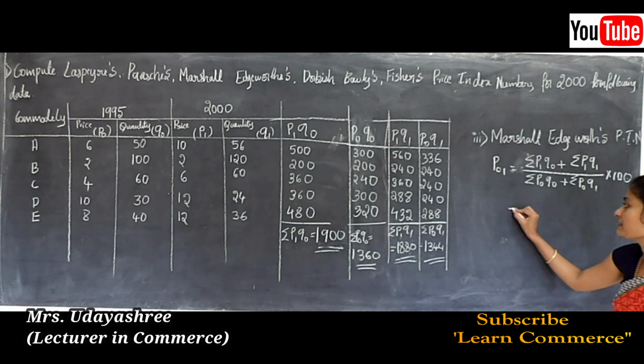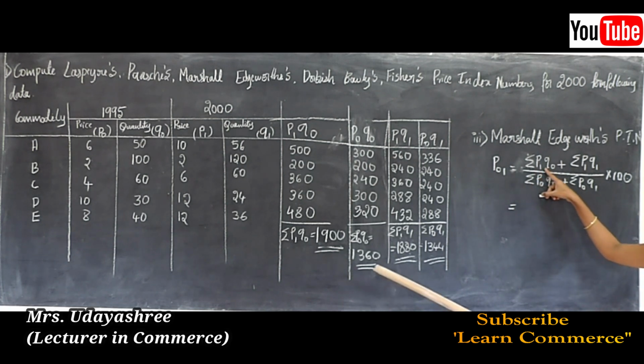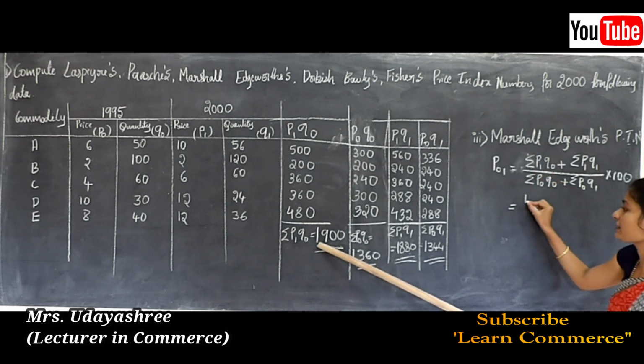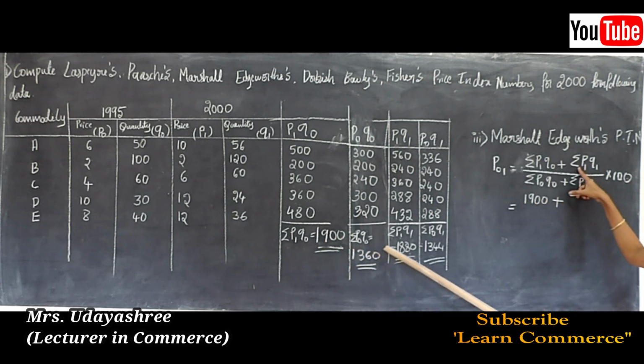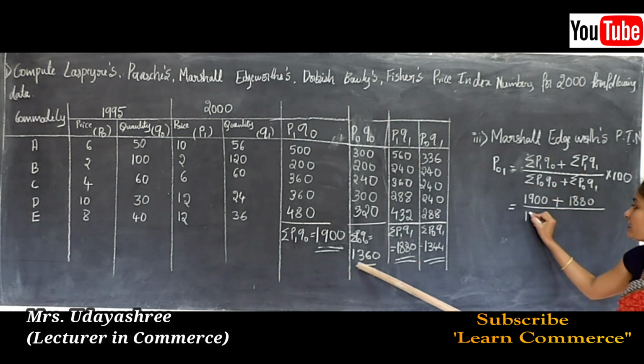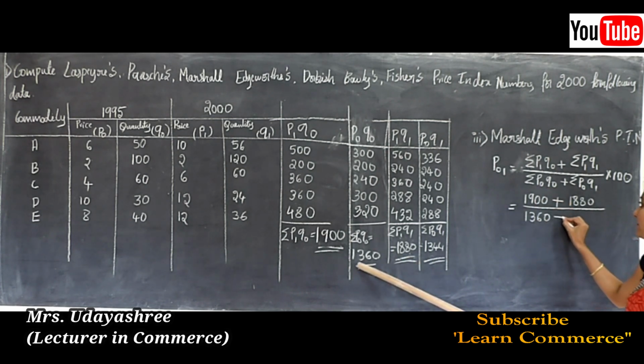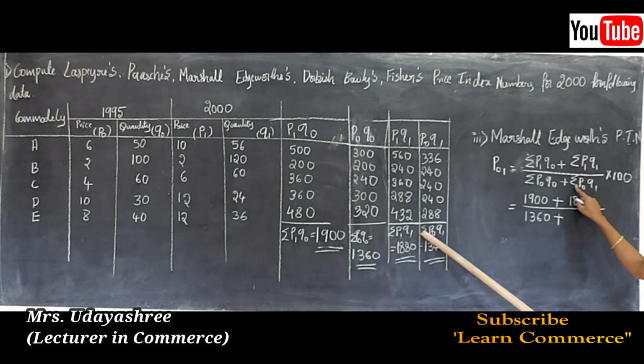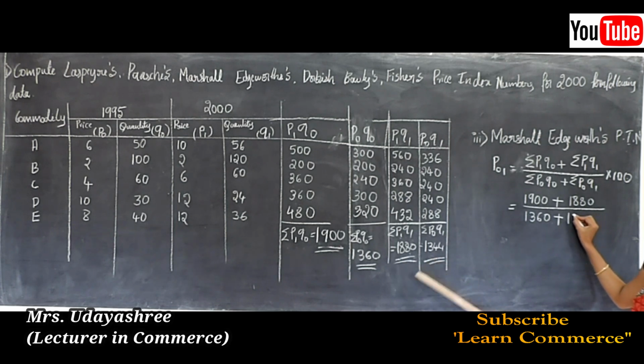This is equal to 1900 plus 1880 divided by 1360 plus 1344 into 100.